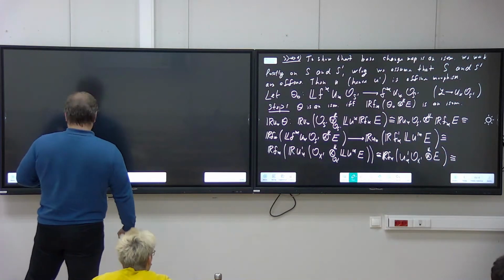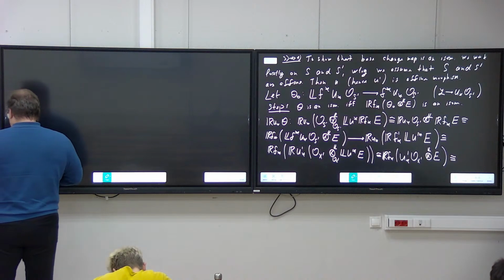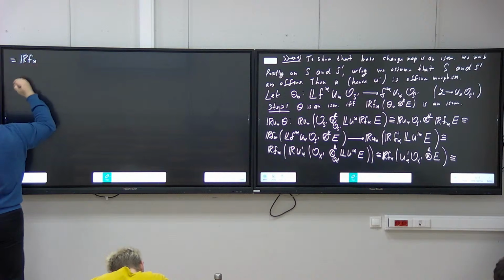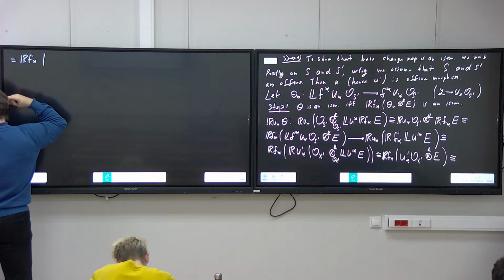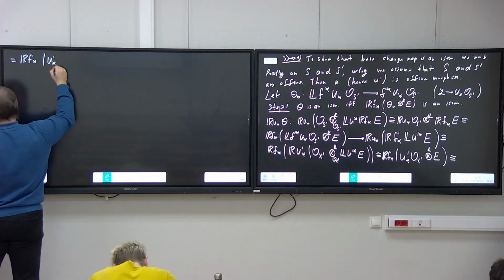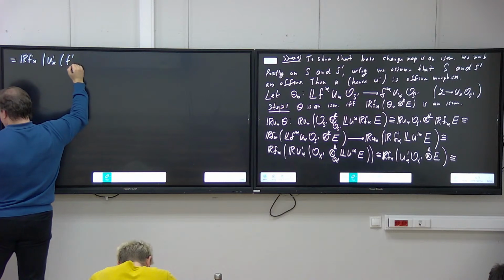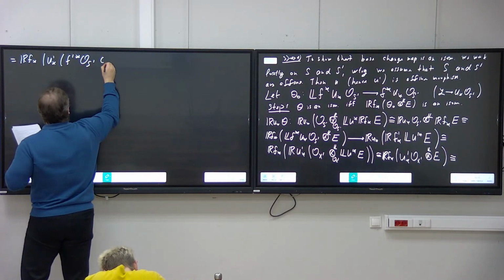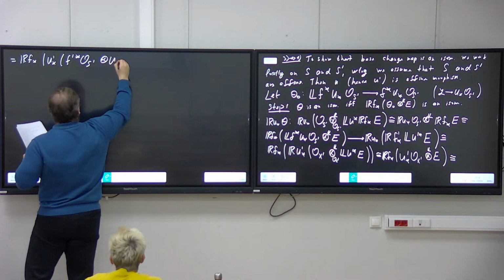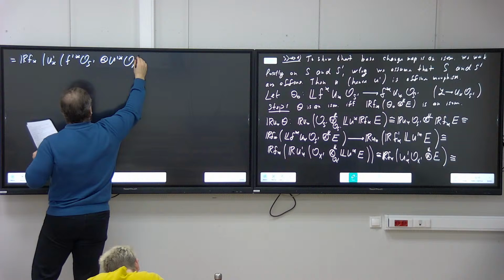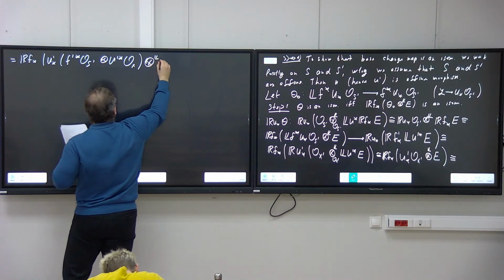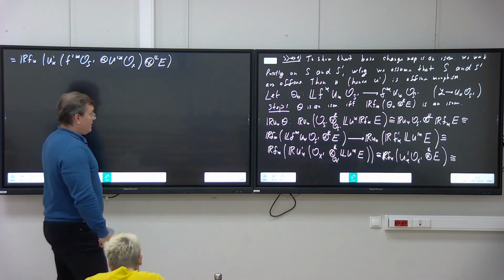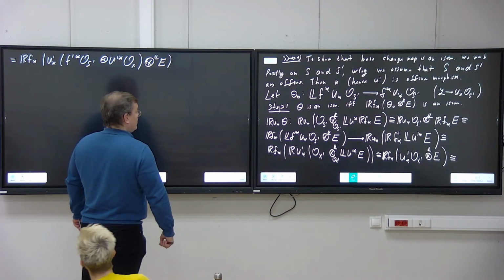Now a tautological rewriting. Here I can write this as R F lower star of U prime lower star, F prime upper star of the O S prime, tensor product with U upper star O X, tensor product with E. That's the tautological way to write the same thing.